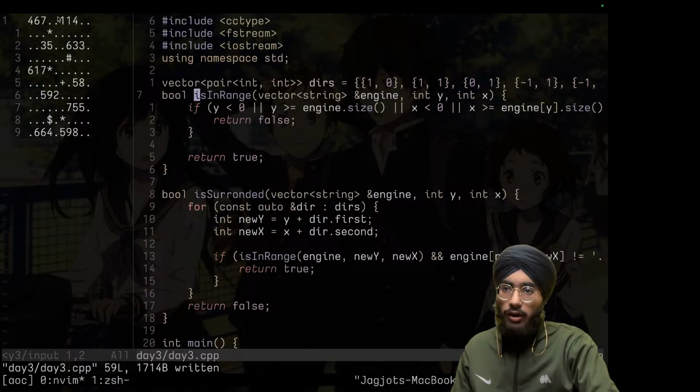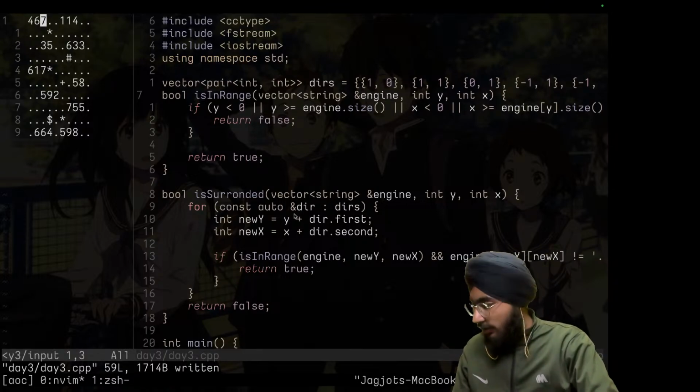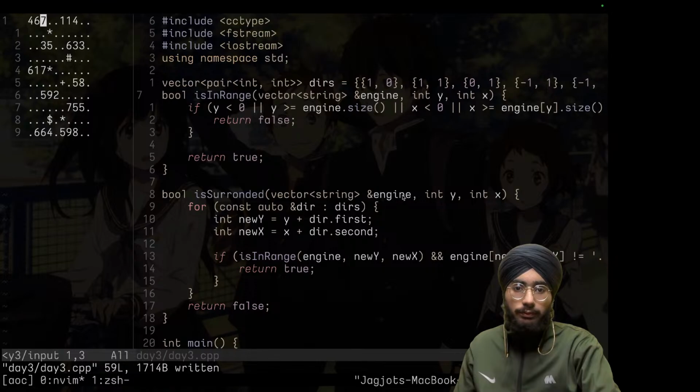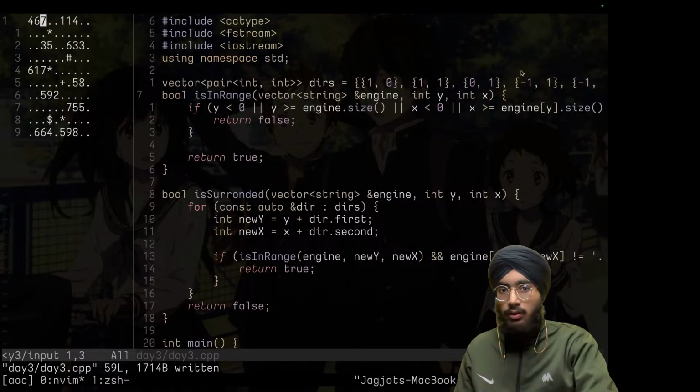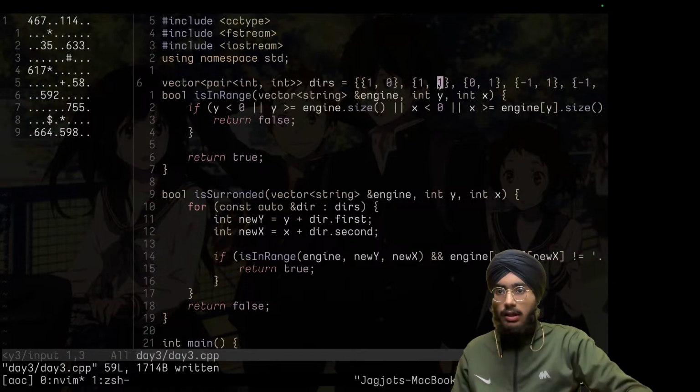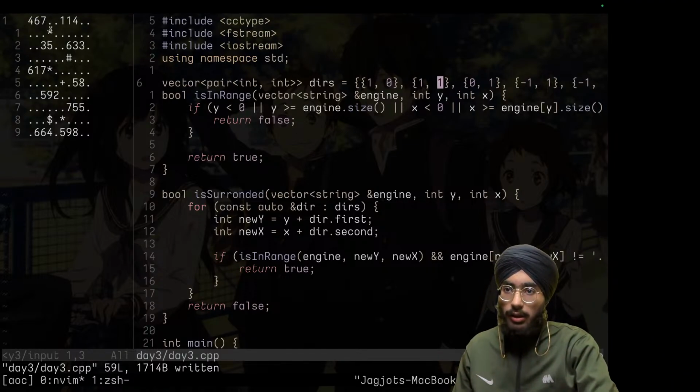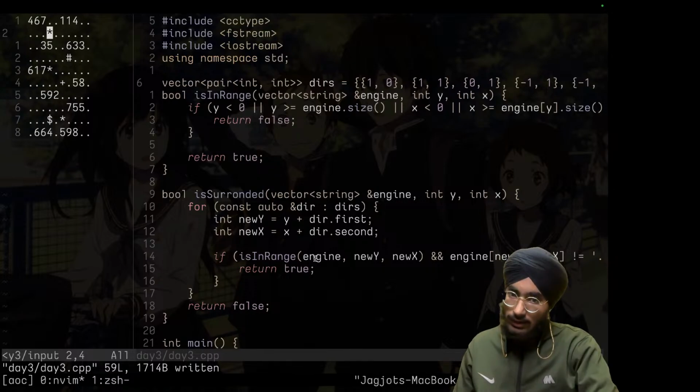Okay. So finally to the 7. That's what we are talking about. 7. 1, 0. 1, 0. No. 1, 1. Yeah. It is going to return true because it is in range. It is not equal to period and it is not a digit.